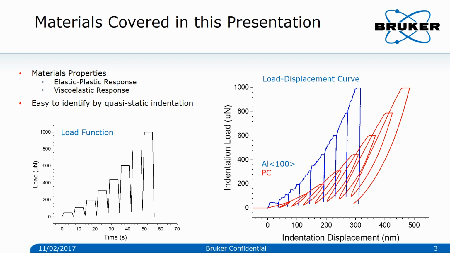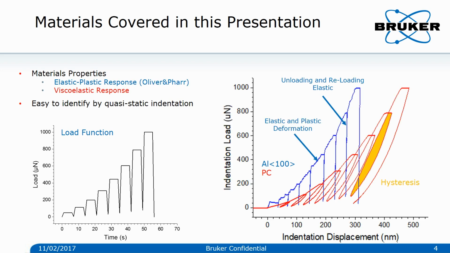On the right-hand side we can observe the material's response to the partial unloading of the indenter. The two materials, an aluminium single crystal, and polycarbonate, are of similar hardness and can be easily compared for that reason. The materials show a fundamentally different response.